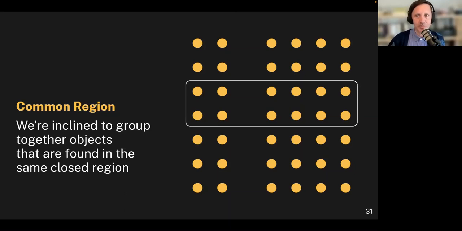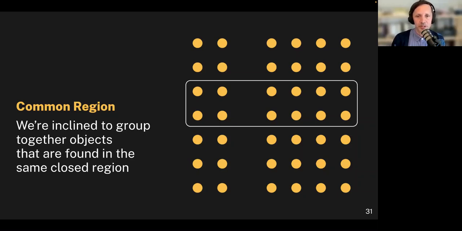Again, we see the same 7x7 group of dots with the same grouping as before, grouped into essentially these two columns. But we see the principle of common region with a white outline that surrounds a row of these dots.